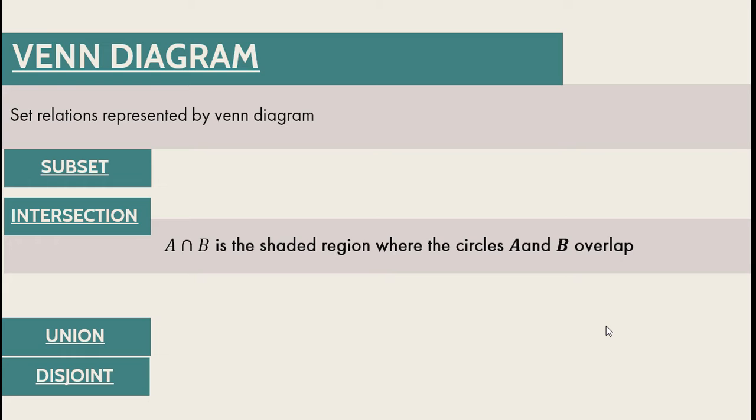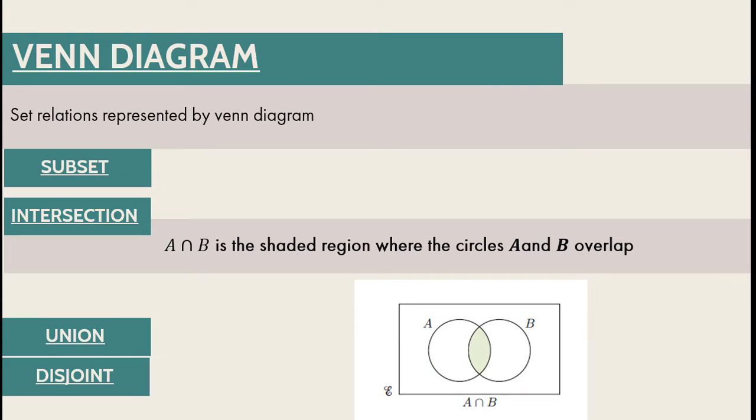Next, the intersection. A intersect B is the shaded region where the circles A and B overlap. You can see on this diagram the shaded region colored in light green. It represents the intersection of the two sets because it belongs to both the circle A and the circle B. So that will be the intersection of A and B. It is the region where the two circles overlap.